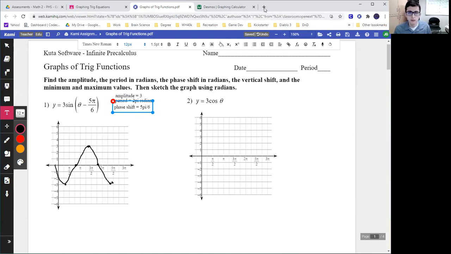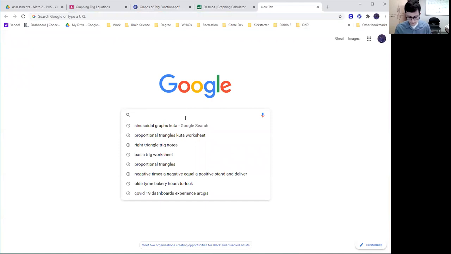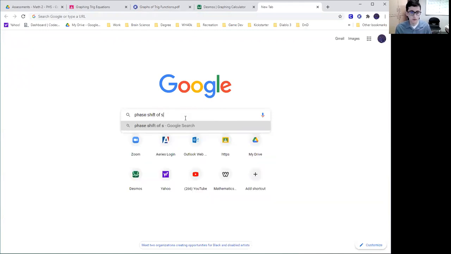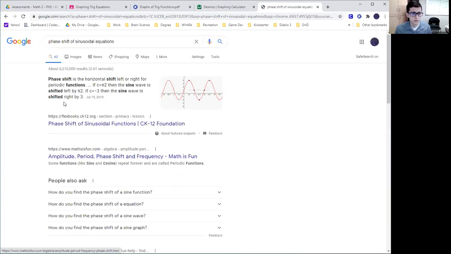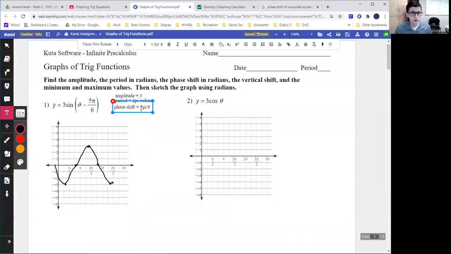And let's just double check that I'm formatting that right. Okay. So the phase shift is just negative 5 pi over 6, which means it moved to the right. So phase shift in radians, 5 pi over 6 radians.